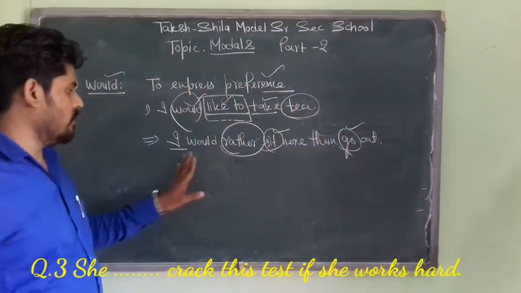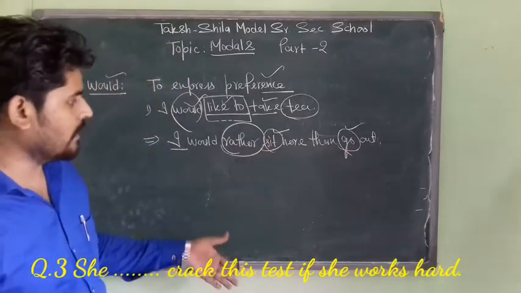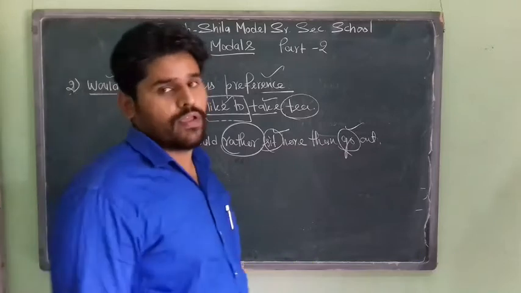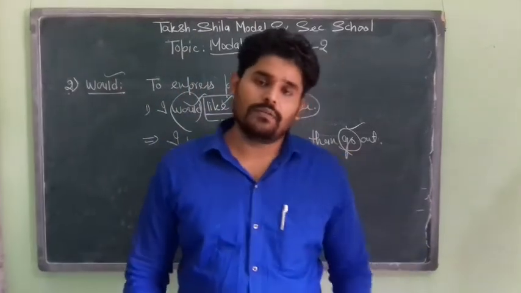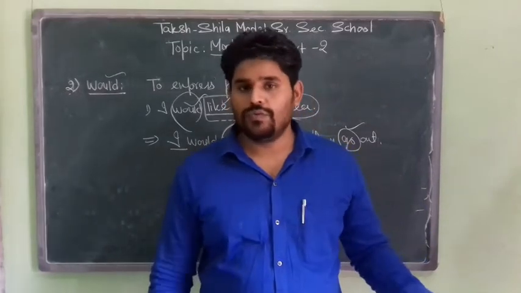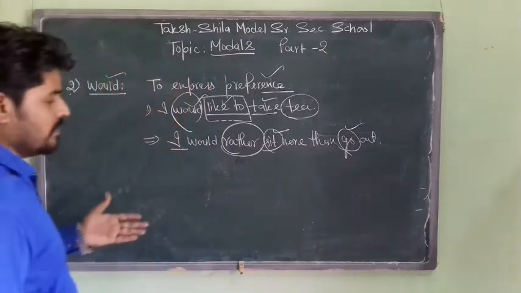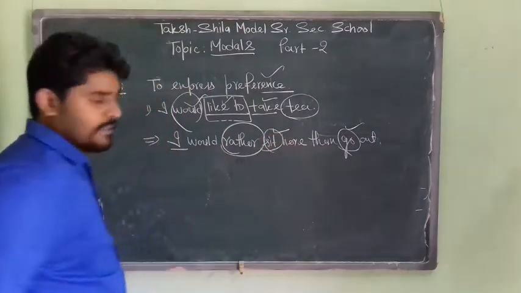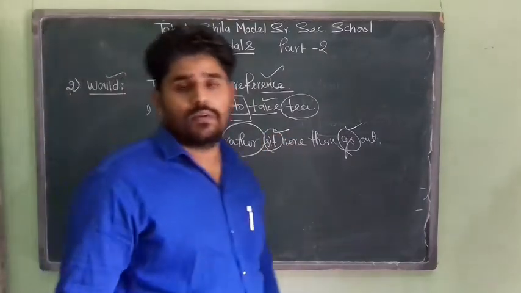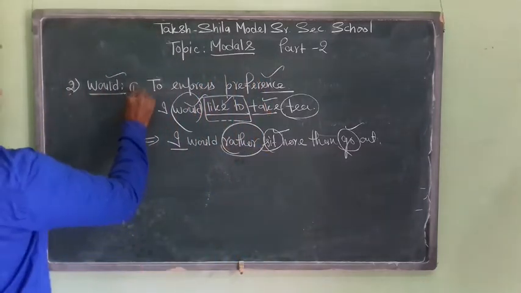So here the speaker wants to say that he would rather sit here than go out. Means he chooses sitting over going out. The other example of this use is, I would rather die than beg. This is the most commonly used sentence. I would rather die than beg. Means the person would like to die instead of asking for alms, instead of begging. So this is the first use of would.